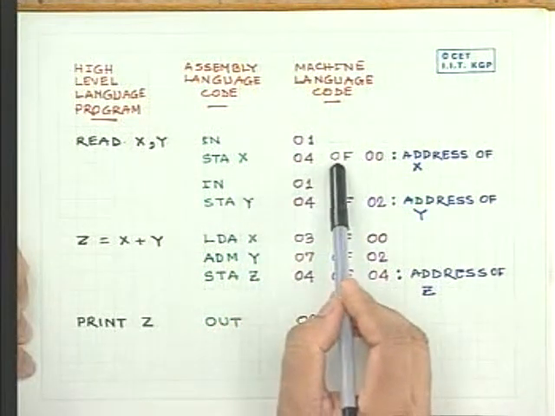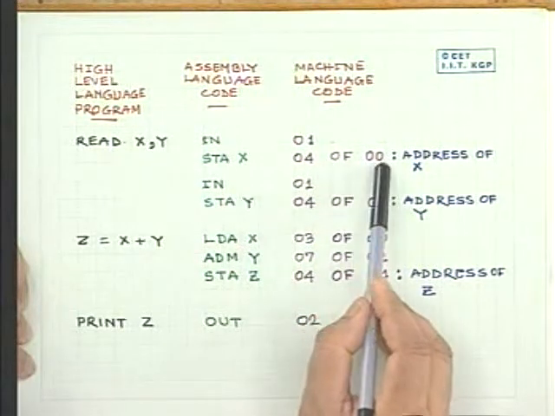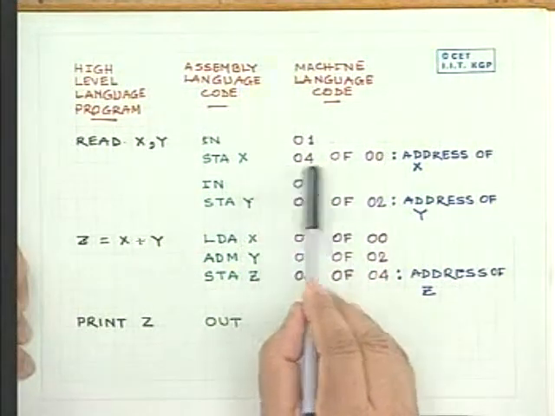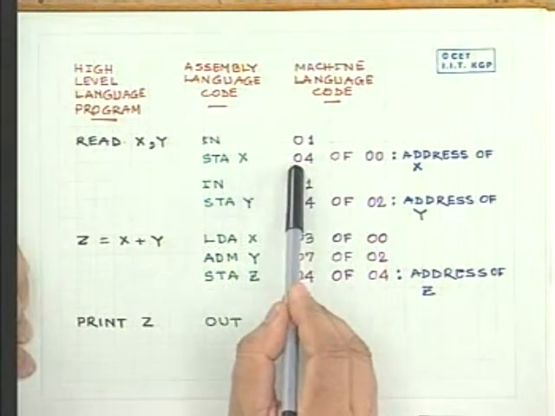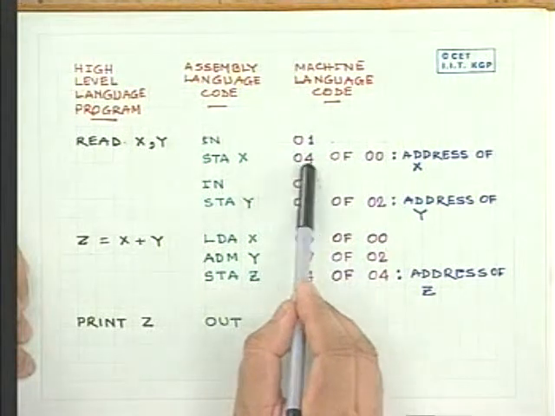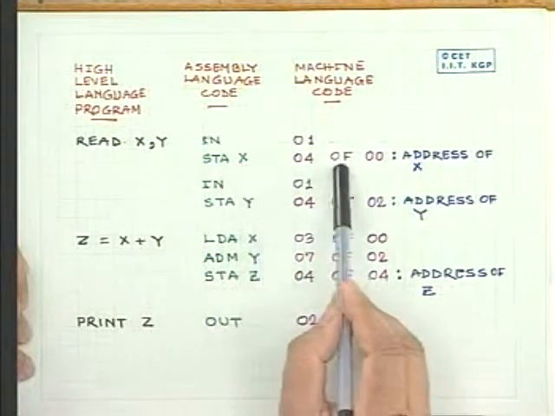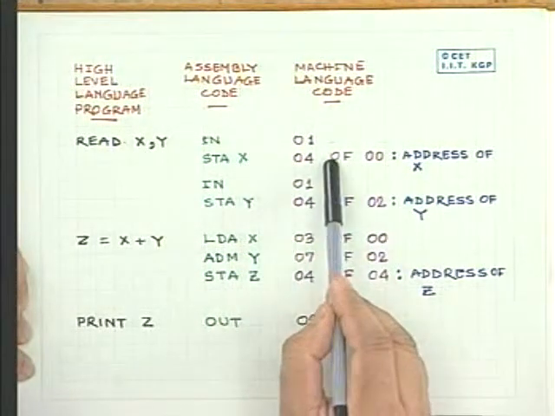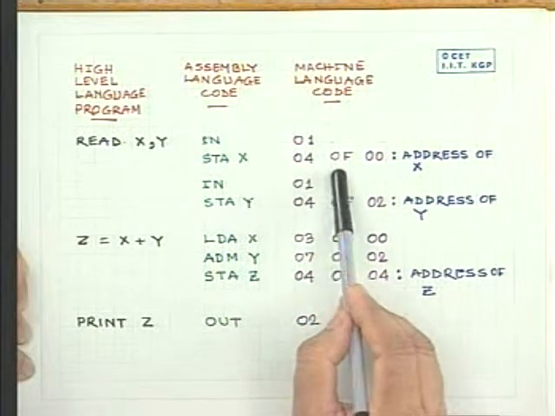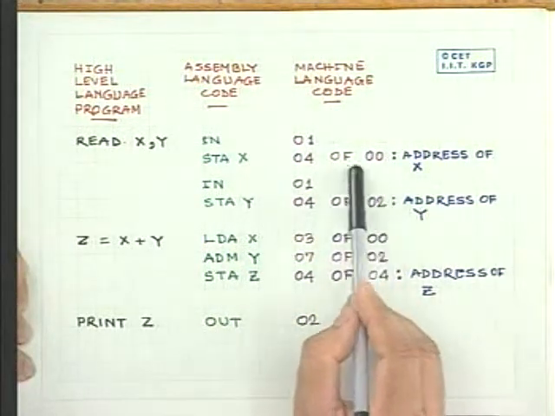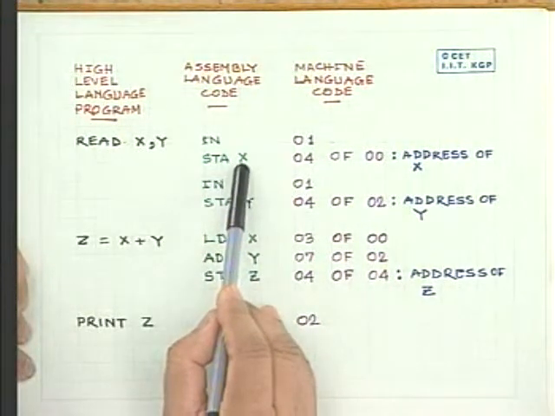I have assumed that the address of that memory location is 0F00, which means that I have assumed that an instruction opcode is of 8-bit or 1 byte. The address of a variable can be of 16-bit, 4 hexadecimal characters. Put side by side, it will make a 16-bit binary number, which will be the address of this symbolic address X.